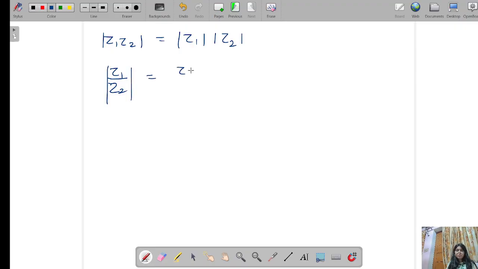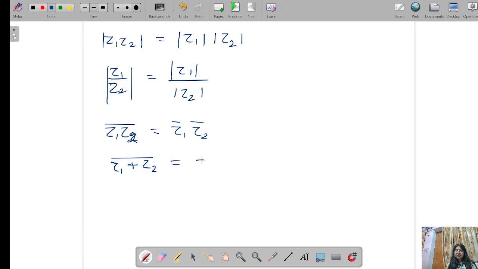It will separate. And if I take the conjugate of z1 z2, it will open as this. Same as if I add and take the conjugate, this will open as this.